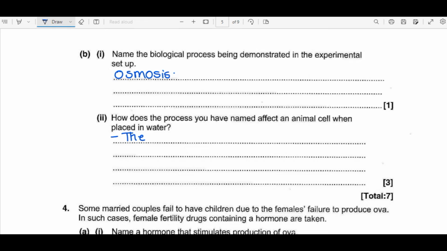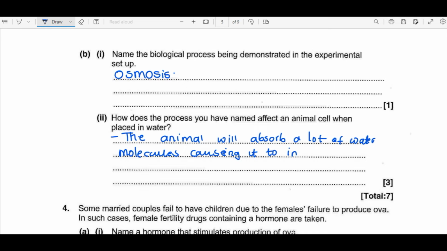So the animal cell will absorb a lot of water molecules, causing it to increase in size, and eventually burst.